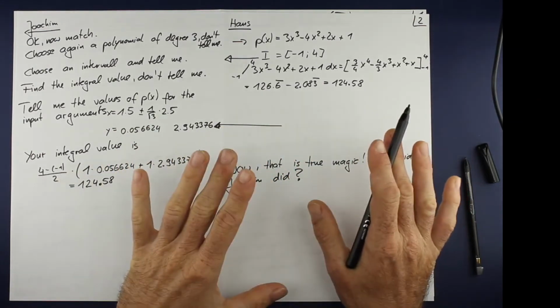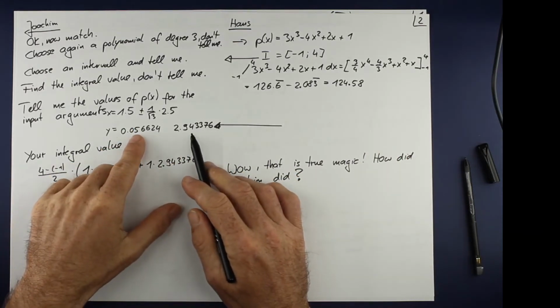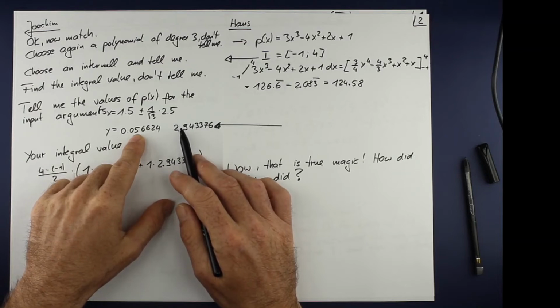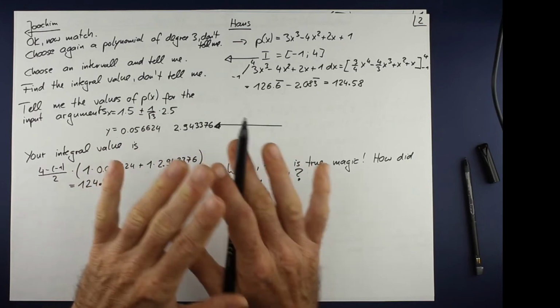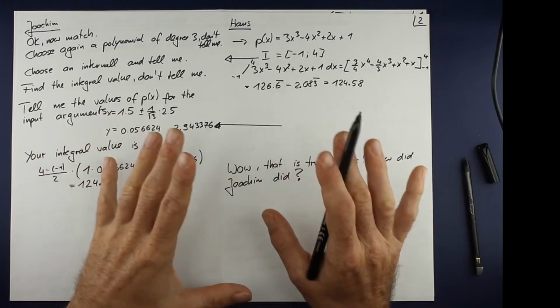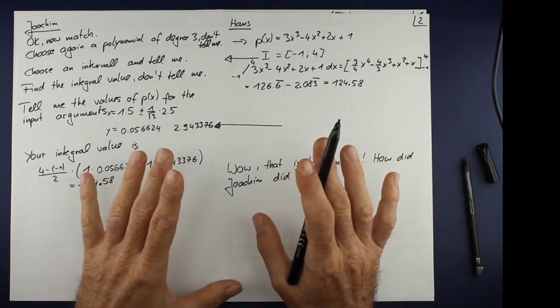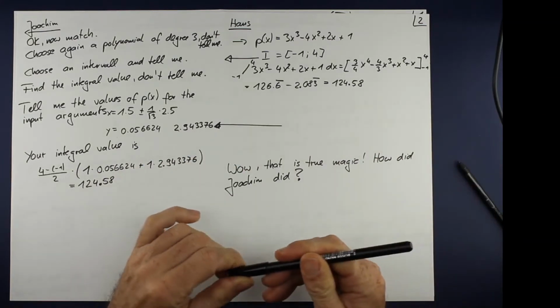Identical integral value whichever polynomial you're taking, if it's only a polynomial of the type that it interpolates these 2 points. And there are infinitely many, completely different polynomials. That's really surprising. That's so surprising that it is unbelievable.